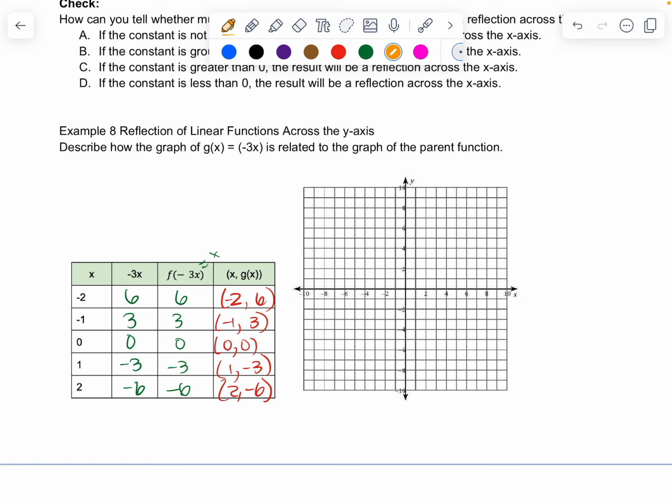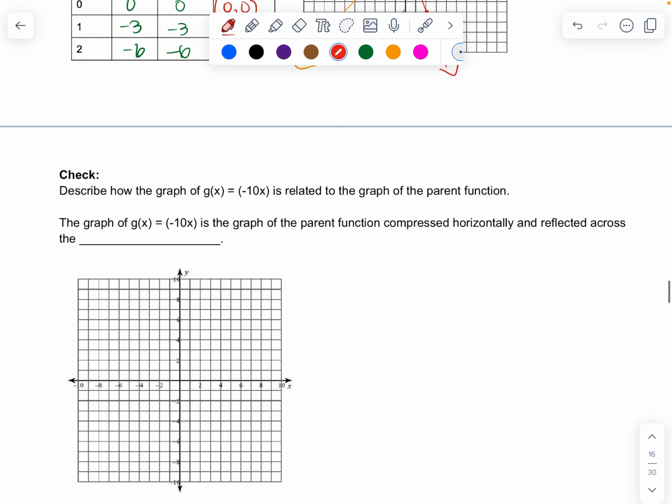Okay, so the original graph is here. So I have negative 2, positive 6, negative 1, 3, 0, 0, 1, negative 3, and 2, negative 6. And there you go.